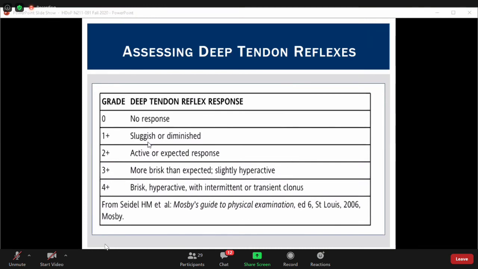Okay, deep tendon reflexes. I hate to keep asking you, but I have to make sure that you know. If you don't know this, you absolutely have to know, because this is important to preeclampsia. So remember what I mentioned about the central nervous system.